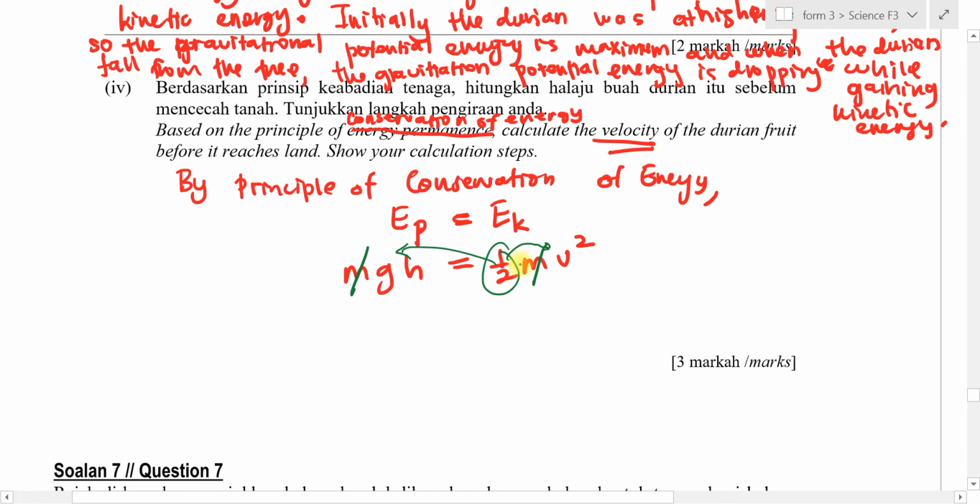So this half, when you go here, it becomes 2/1. That is 2gh equals V square.